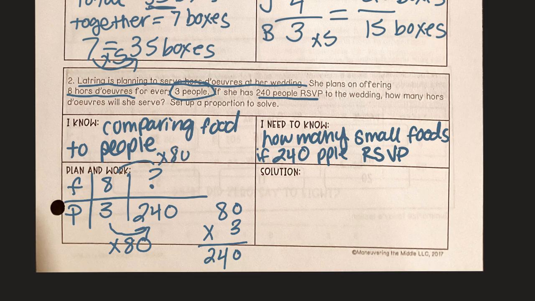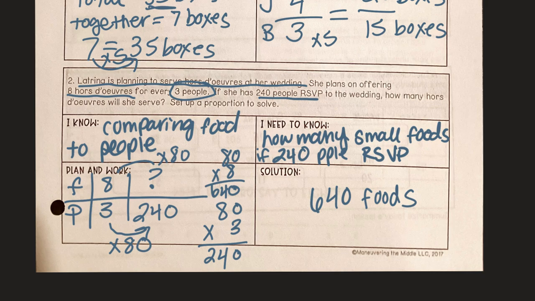And see what number I get. 80 times 8. I know 8 times 0 is 0. And 8 times 8 is going to be 64. 64. So therefore, she's going to need 640 hors d'oeuvres or foods if 240 people show up.